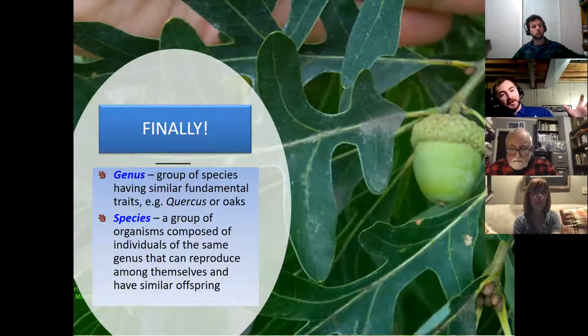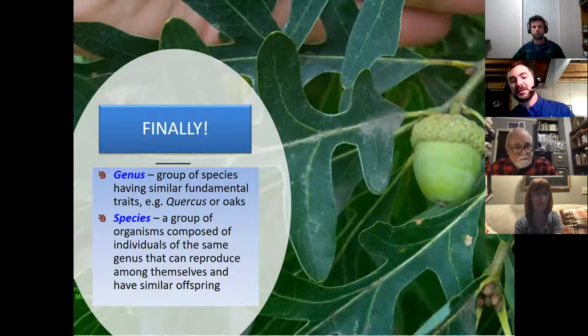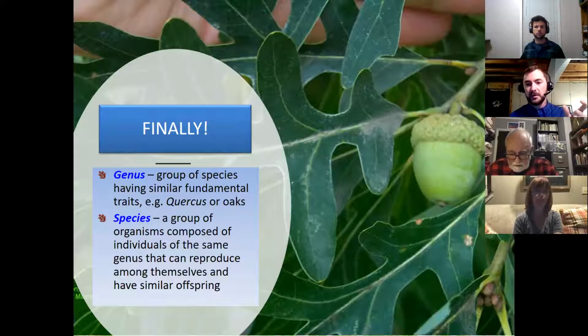Finally, the most common, what you'll see on tags on trees at a nursery, is genus and species, kind of the meat and potatoes of what we like to talk about. And the genus is that very familiar fundamental, genetic traits that will carry through and just really be prevalent throughout that genus. Okay.